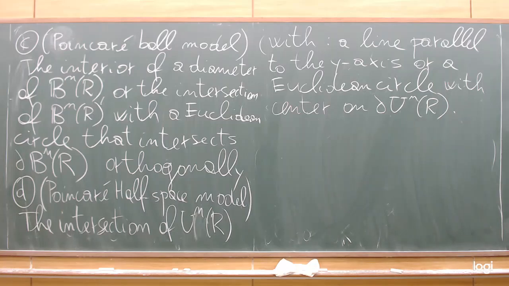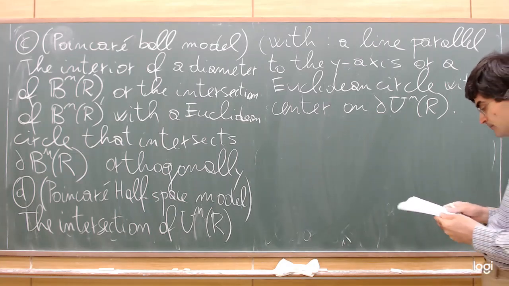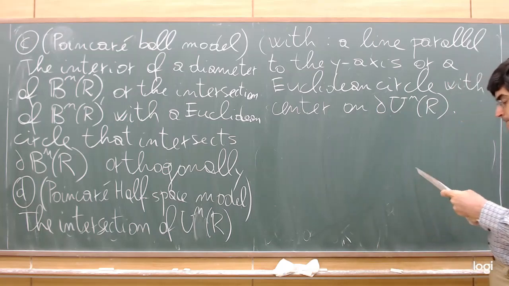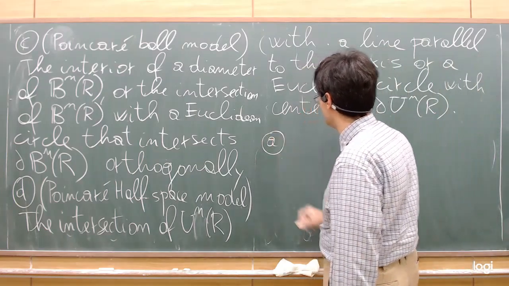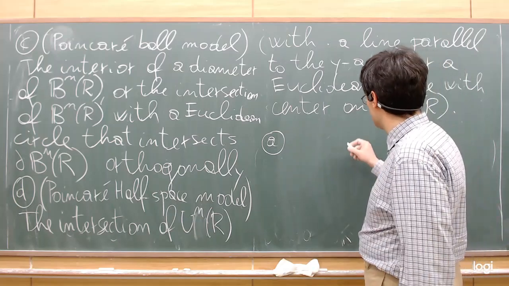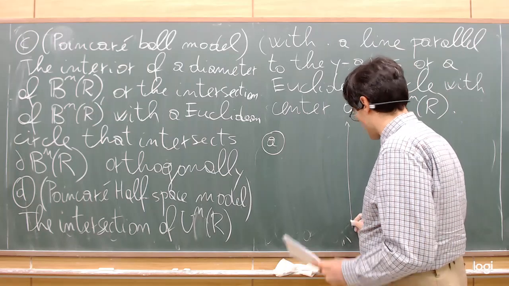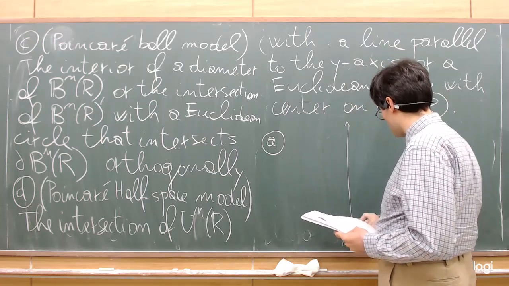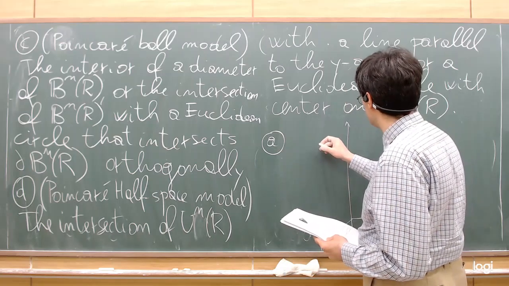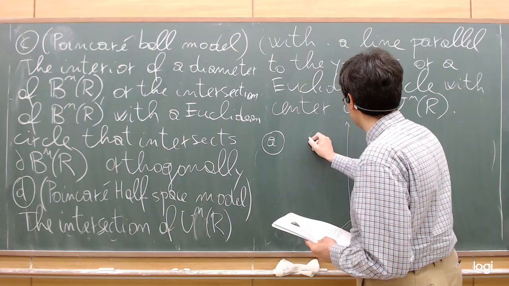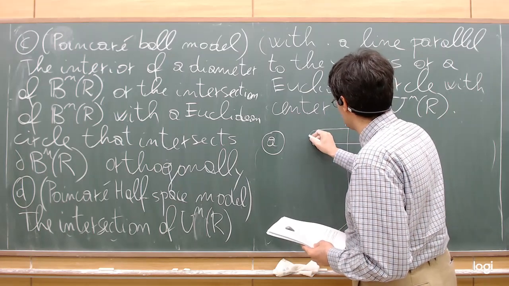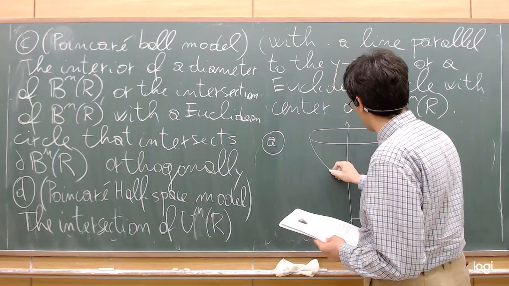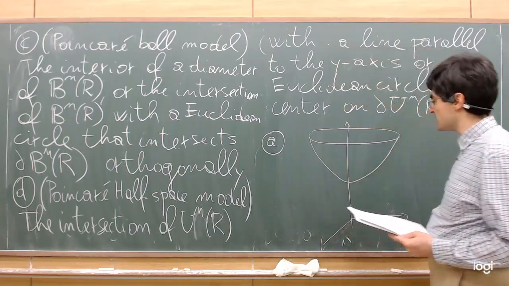So maybe it's a good idea to try to make a picture. In the case A, you have to take the upper sheet of the hyperboloid used in the definition of the hyperbolic space. Suppose it is this.